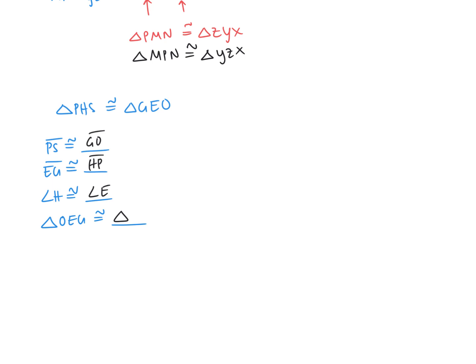OEG, got to do the same thing over here, SHP. That's what you're going to have to be able to do for your quiz. We feel okay with that? Okay. Questions for me? Okay.